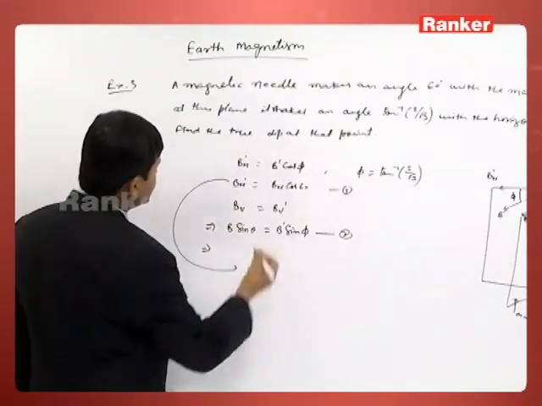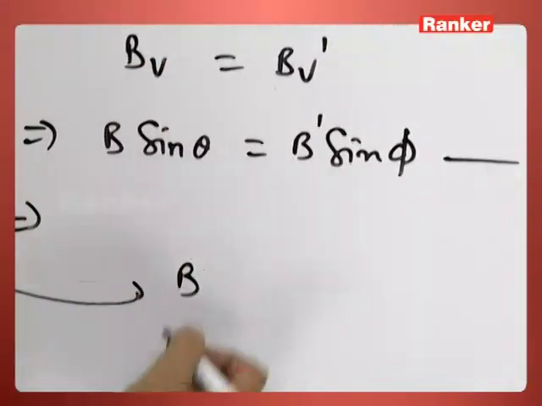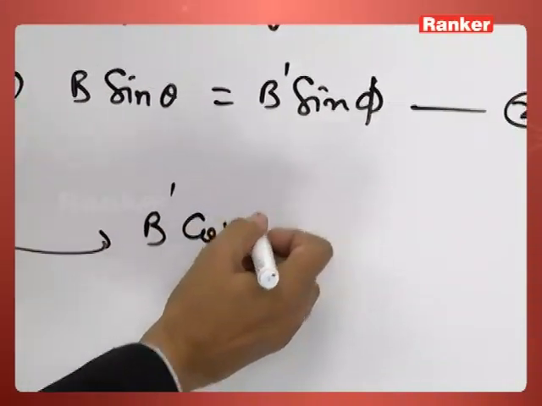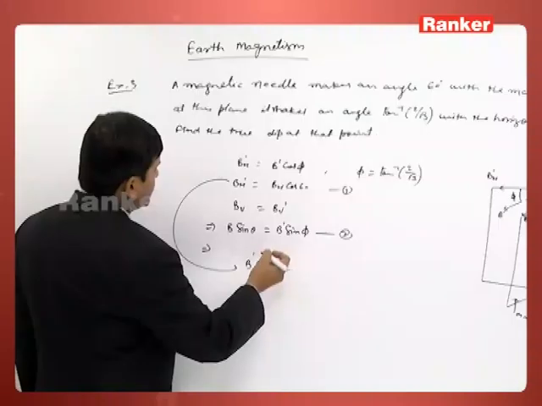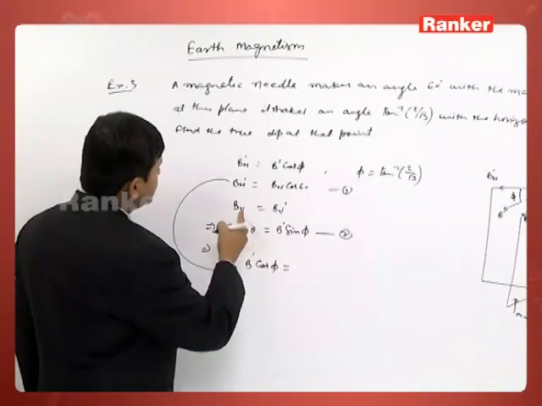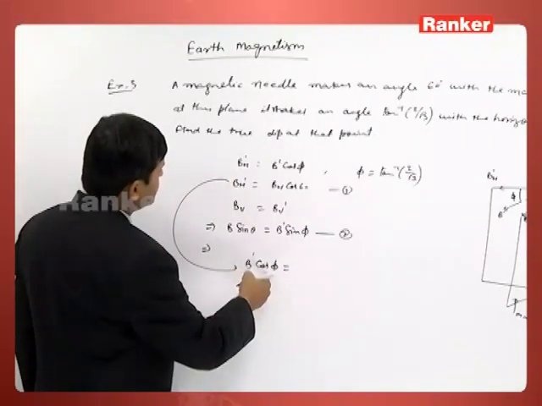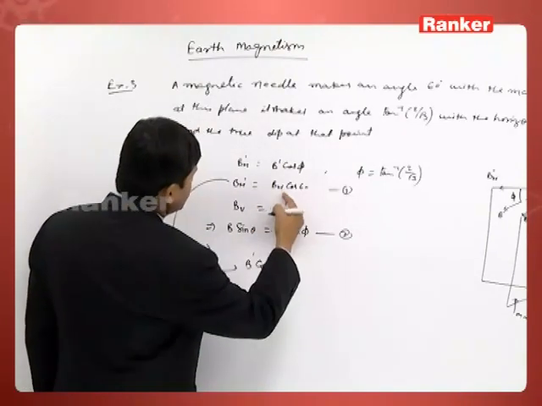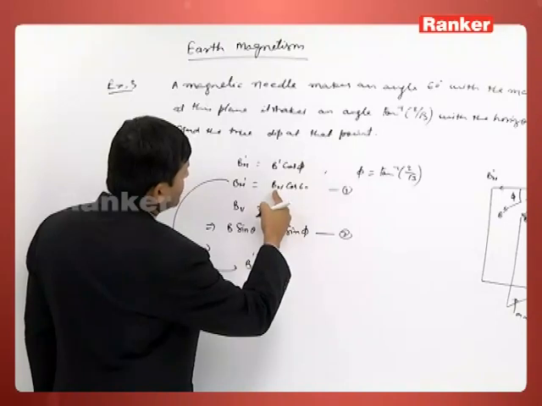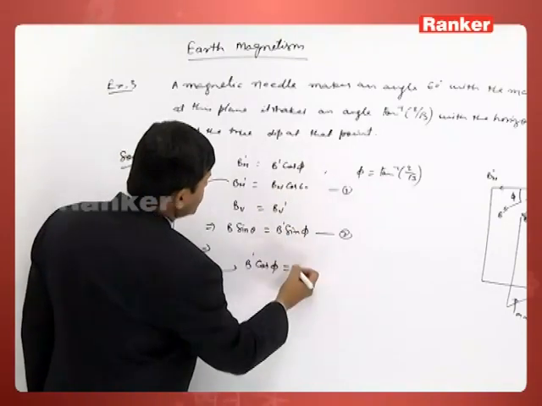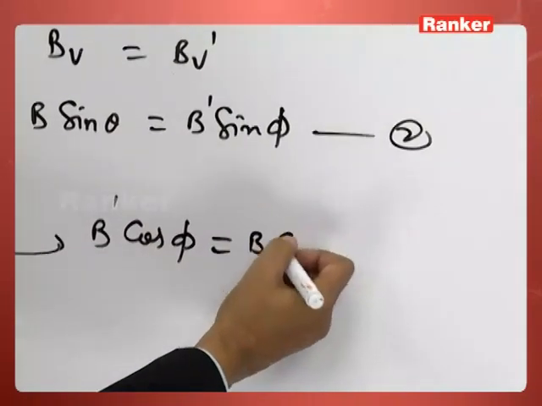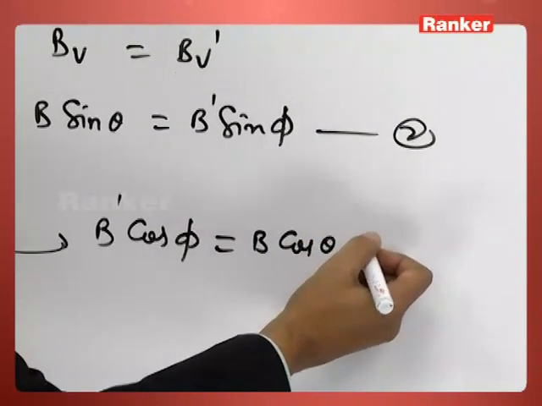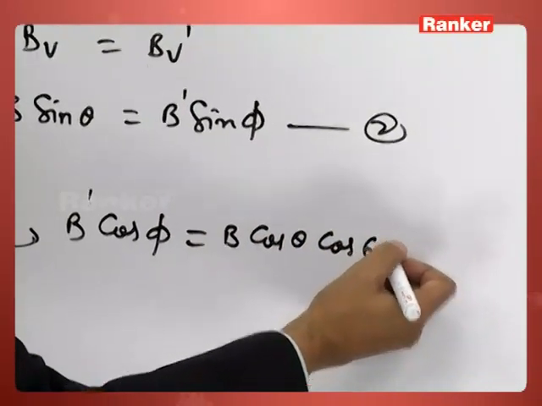BH dash is your B dash cos phi, and which is equal to your BH cos 60, and BH is your B cos theta into cos 60.